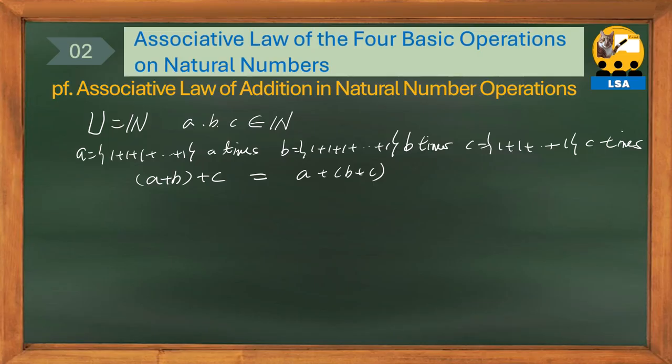First, on the left side, we rewrite the A plus B that is added first as the sum of ones. Then we add C, and C is also rewritten as the sum of ones.